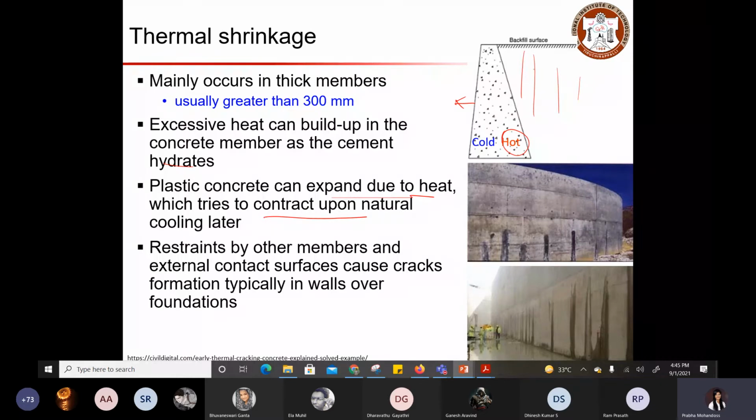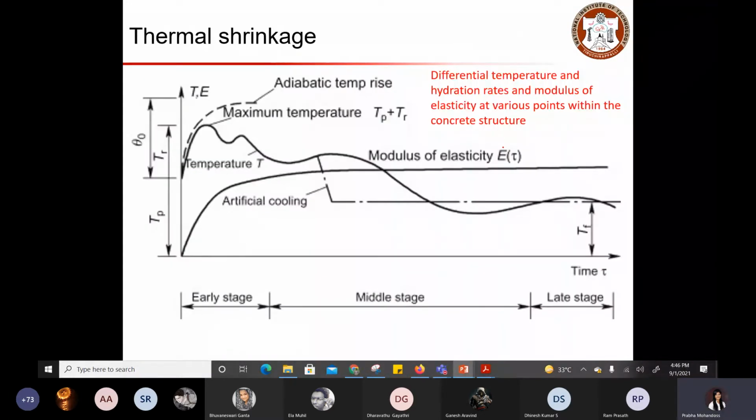This is the reasoning why the outside concrete is cold when it is exposed to the environment. Naturally the temperature gets dropped and adjusted to the outside environmental condition, and inside you have a hot region. So this one basically indicates the stage at which the temperature of thermal shrinkage can be higher.